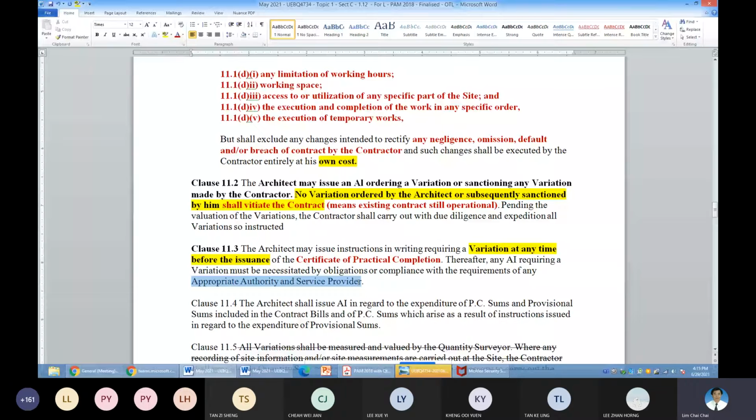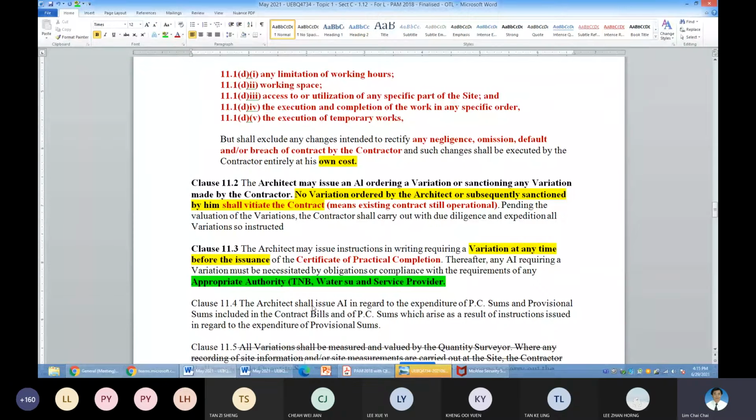For example, for works to be carried out to comply with an appropriate authority. Example, TNB, which is electrical, and then the water supply, and others.